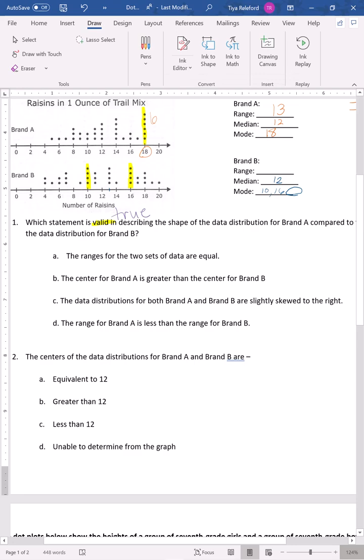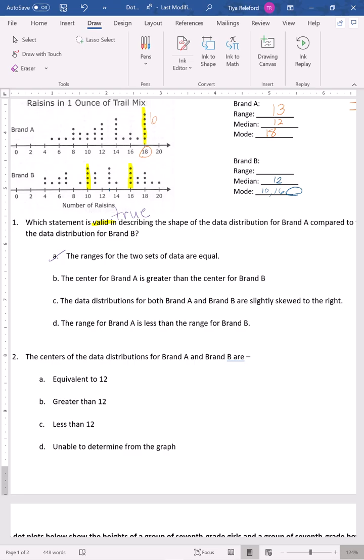Which statement is valid in describing the shape and distribution for brand A compared to the data distribution for brand B? So A says the ranges for the 2 data sets are equal. Well, what's the range for brand A? 13. What's the range for brand B? 16. Are they equal? No.